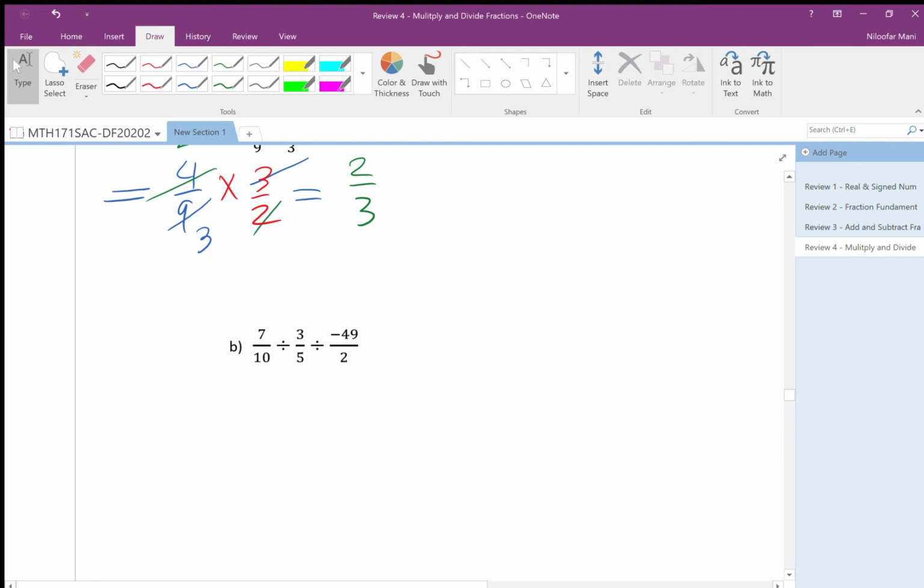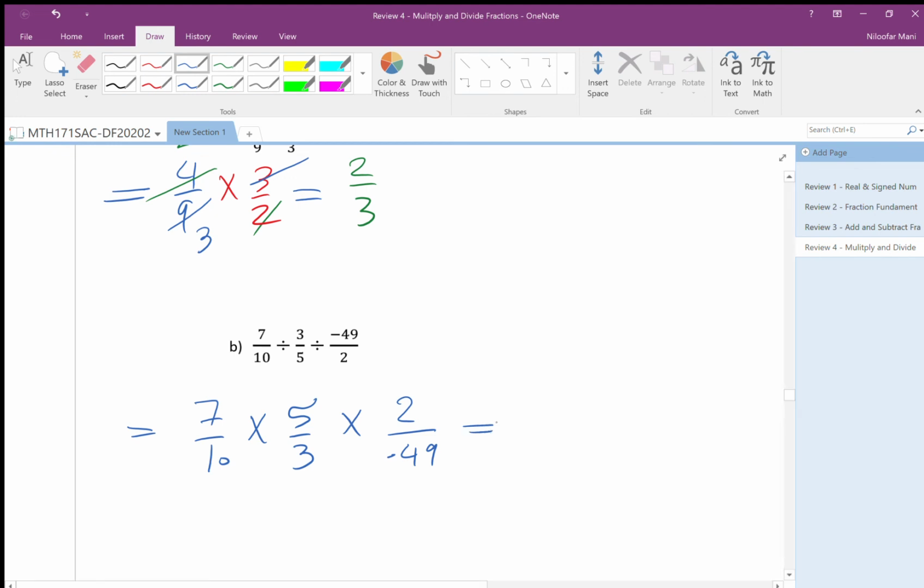How about next one? I have 2 division signs, doesn't matter. I have to flip both of them. So equal 7 over 10 times 5 over 3 times 2 over 49, negative 49. But negative top, negative bottom, if you just have one, the answer is negative then.